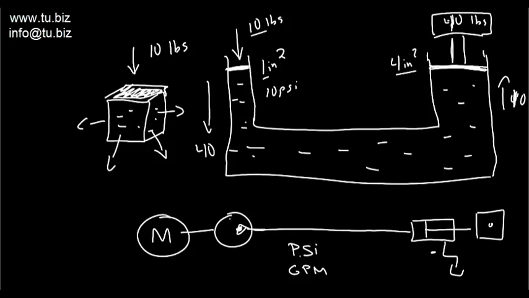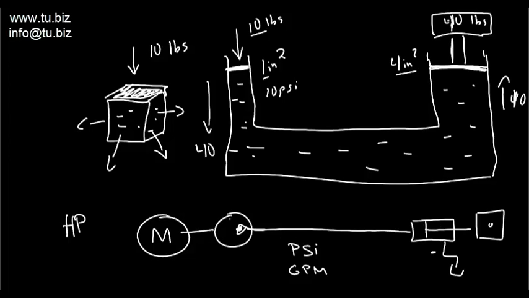And depending on the pressure and the GPM that this pump is able to supply to move the resistance, the weight that is required to be moved, you're going to have the horsepower that is going to be required to pump oil on this system over here.